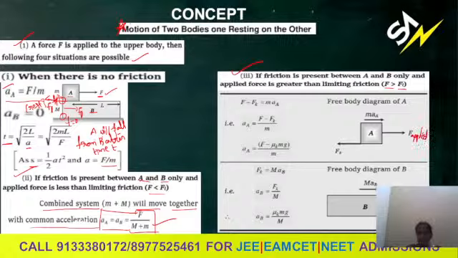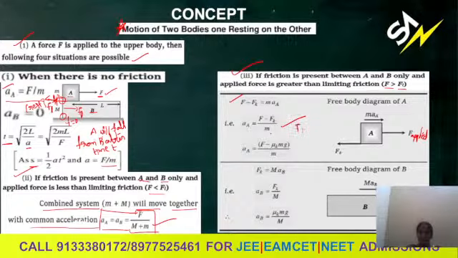The kinetic friction develops to oppose the motion of A while it causes the motion of B. Resultant force on block A from this free body diagram is applied force minus kinetic friction, which is equal to the net force, that is mass into acceleration of block A. So from this we can find the acceleration of block A: a equals (F minus Fk) by m.